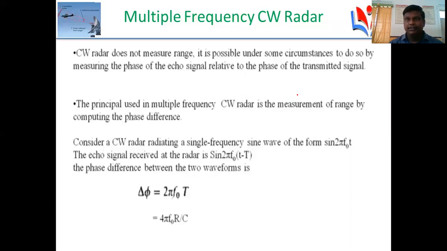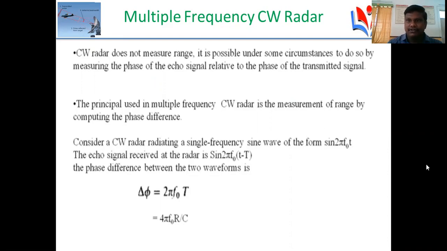Multiple frequency means we are going to use more than one frequency component for the measurement of range of a target through this CW radar. Continuous wave radar does not measure the range.